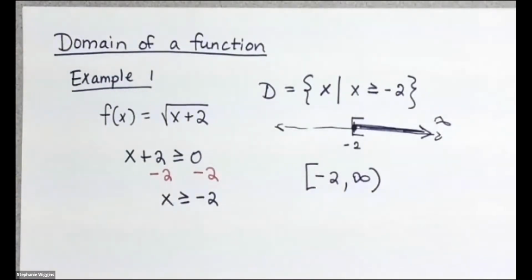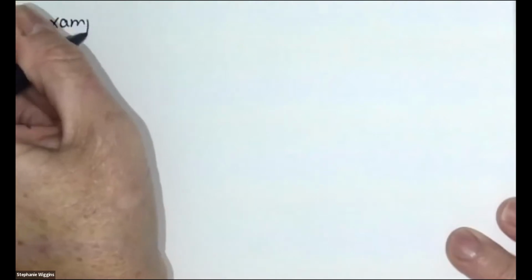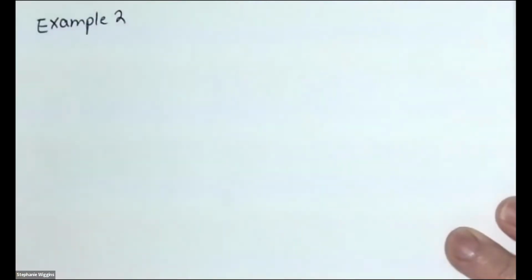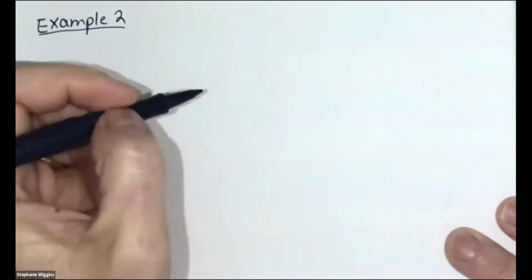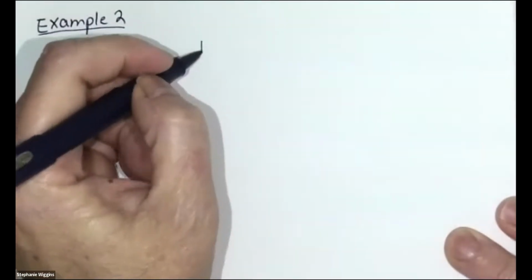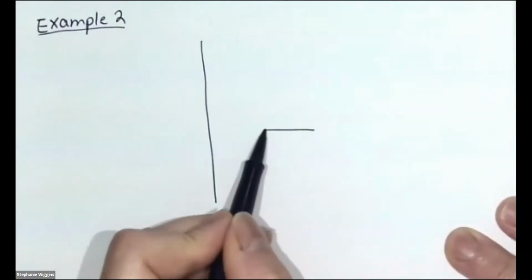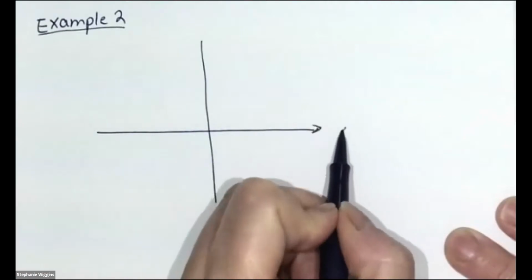I also want to do an example of finding the domain from a graph. Okay, so let's take a look at that. Any questions on this one? Okay, so I'm going to graph a function here.